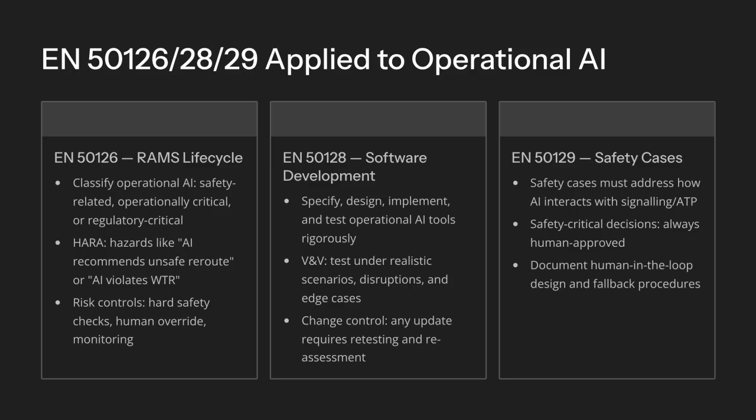How does the system process data and how does it integrate with signaling infrastructure? It means implementation quality, code standards, testing documentation, and it means verification and validation, comprehensive testing that includes realistic and demanding scenarios, simultaneous failures, extreme weather conditions, edge cases that stress the system beyond normal operating parameters.